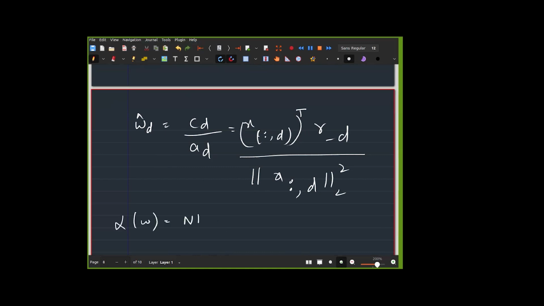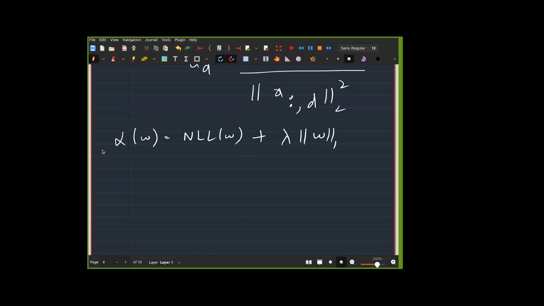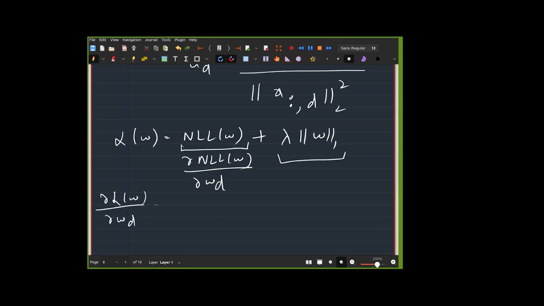My loss is negative log likelihood plus lambda times L1 norm of W. But the good thing is I've already derived the gradient of negative log likelihood with respect to WD, and I have to do the same for the second term, and then I could add them. So if I take the derivative of this loss function with respect to WD, the NLL term actually gave us AD times WD minus CD.